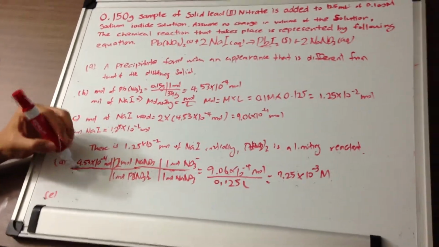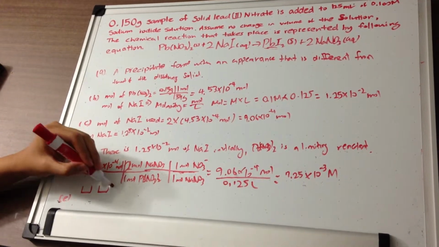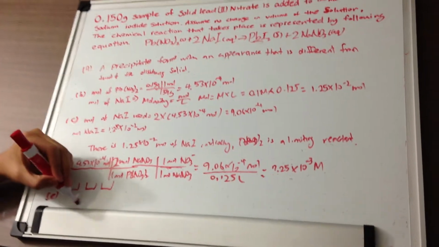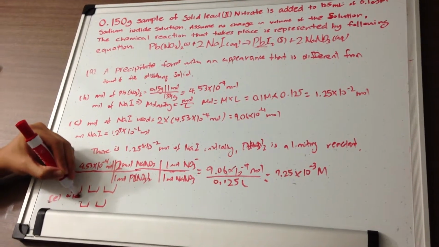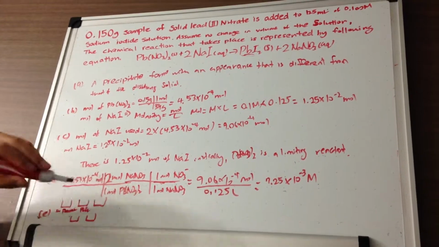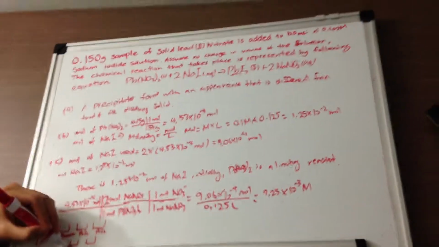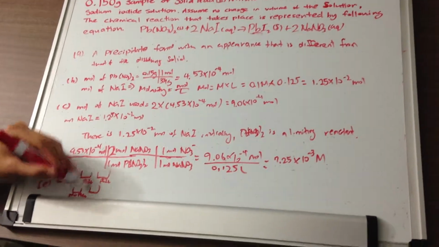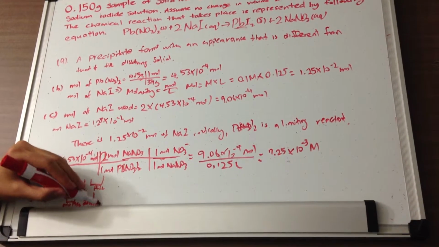So you can see there are 3 on the top and there's 2, and the first one says no precipitate, so solid of PbI2, solid of PbI2, solid of PbI2, and solid of Pb(NO3)2.